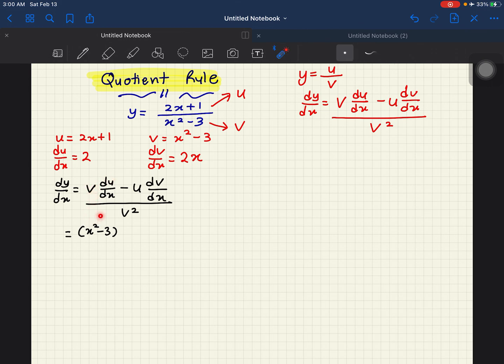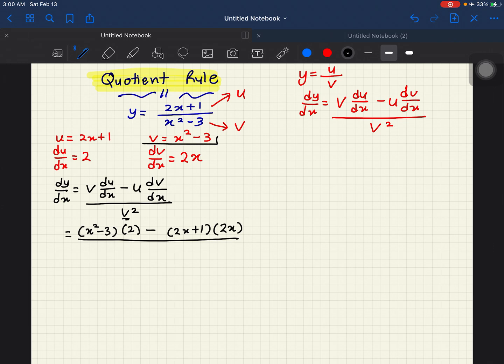So v is x squared minus 3. I just follow the formula given. So what is v? I put my v first, and then I put du/dx and then minus. Just follow the formula. It's easy like that. So my du/dx is 2, minus my u, which is 2x plus 1, and my dv/dx is 2x, over my v squared.